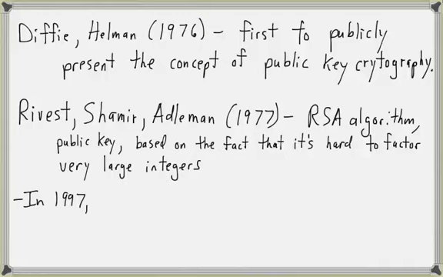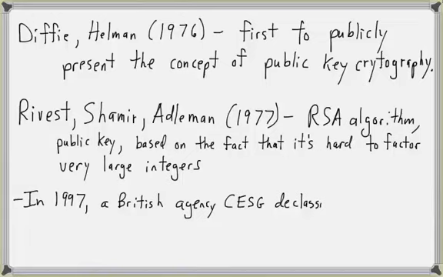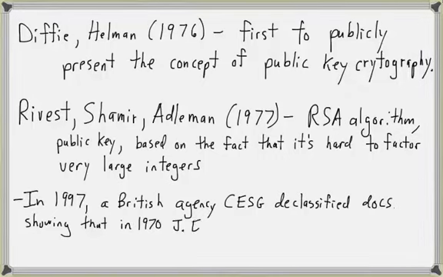So in 1997, a British agency called CESG declassified documents showing that in 1970 James Ellis actually discovered public key cryptography.